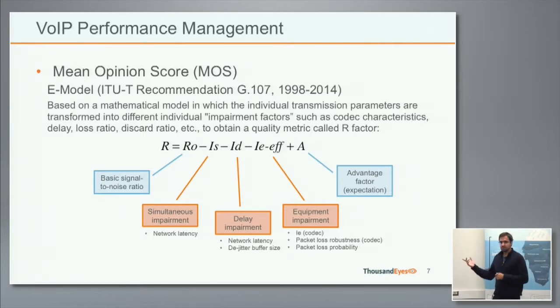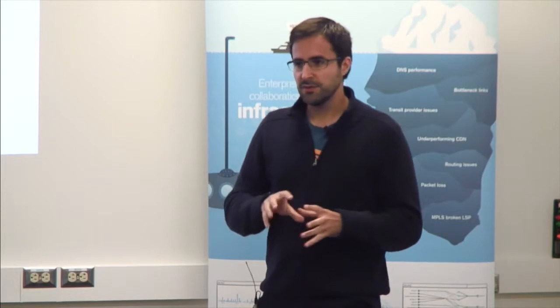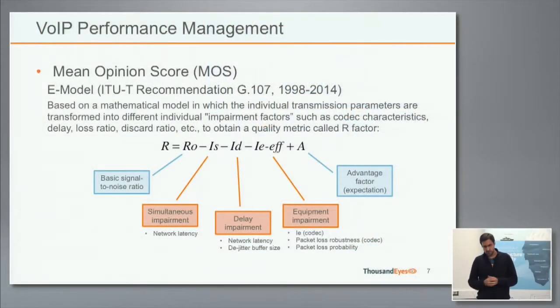Others need some of the metrics that we calculate, like the latency in the network and the jitter buffer size, and some are really dependent on the codec in question. Once we put all these numbers together and calculate the transmission rating factor, we're able to map that R factor into the MOS, the mean opinion score, and then we have a value that clearly symbolizes the quality of the call.